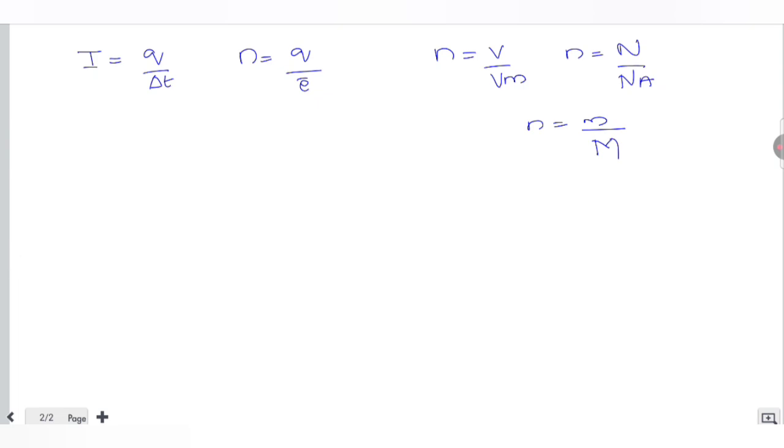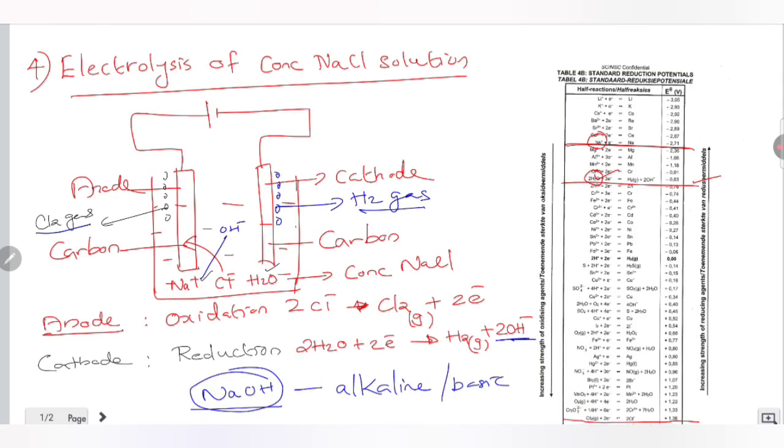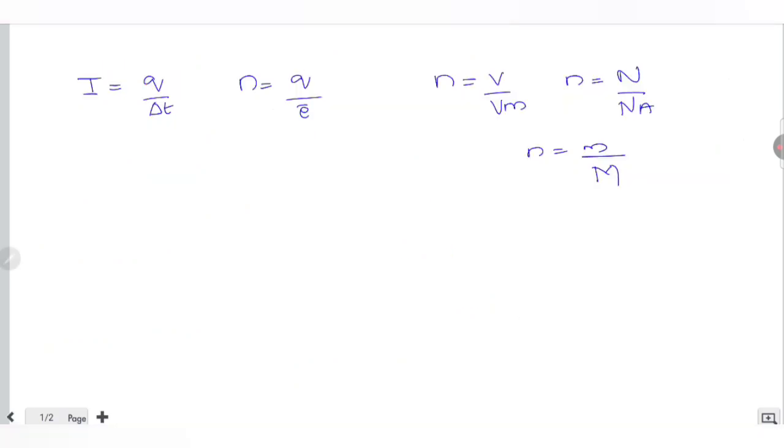Okay. So for example, in this case you can see at anode we have chlorine gas produced and at cathode we have hydrogen gas produced. Let's say we are getting hydrogen gas at cathode and they are saying the volume of the hydrogen gas is just say 250 cm cube for example.